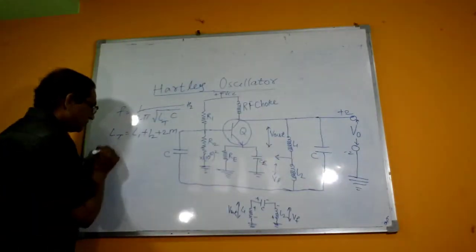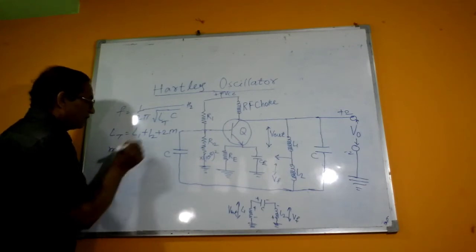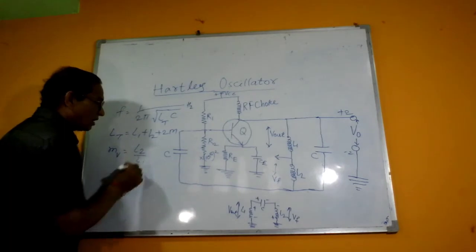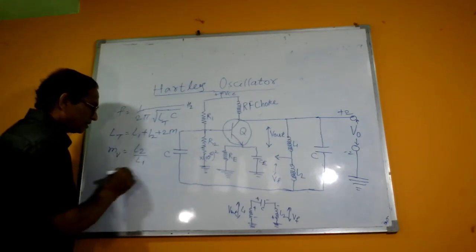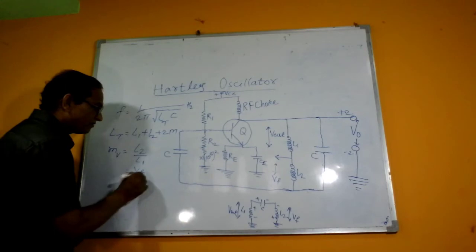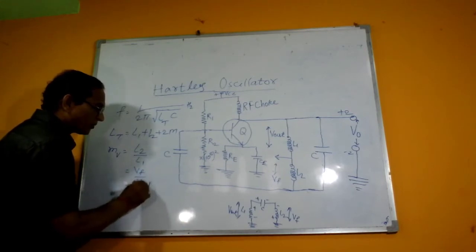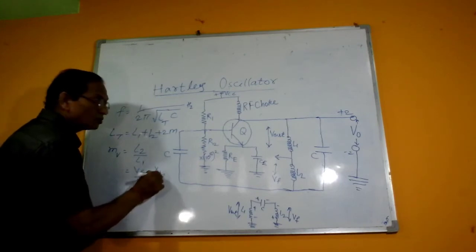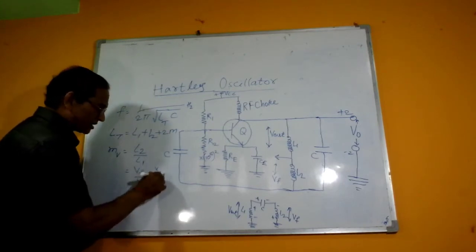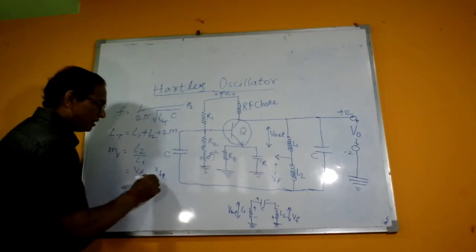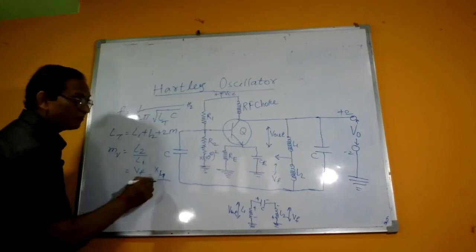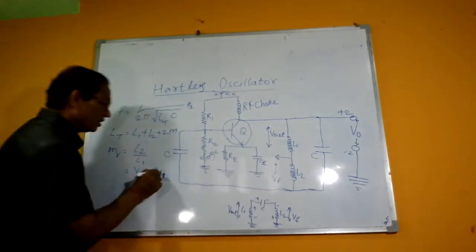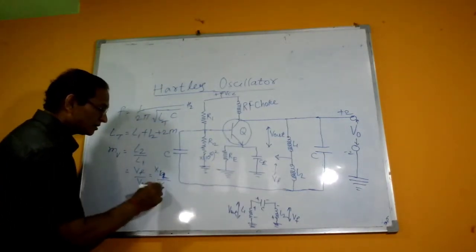The feedback fraction m_v is equal to L2 divided by L1. How will we see that? This is the feedback voltage Vf divided by the output voltage Vout. The feedback voltage is given by XL2 and the output voltage by XL1.